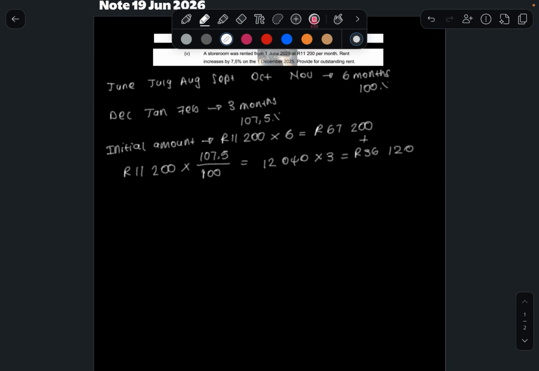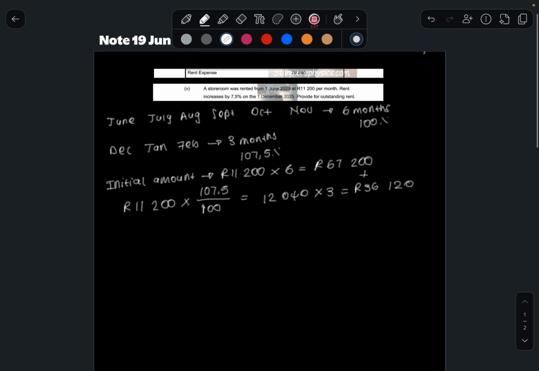We're going to sum it, right? The summation of the 6 months and the 3 months is the total rent expense that we're supposed to pay for the year. However, we only paid 79,240. That means that we should calculate the outstanding rent.